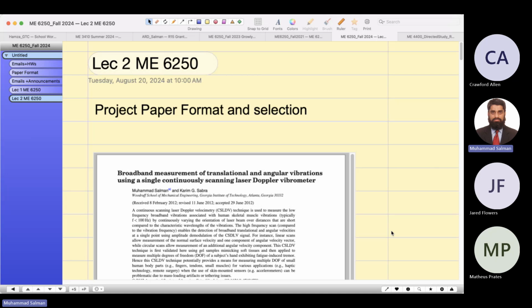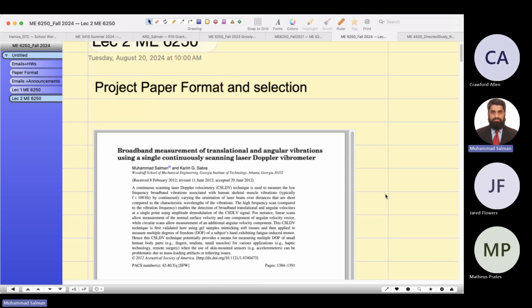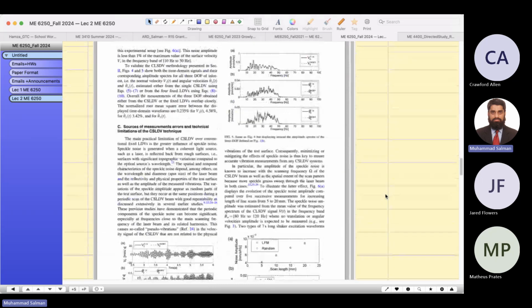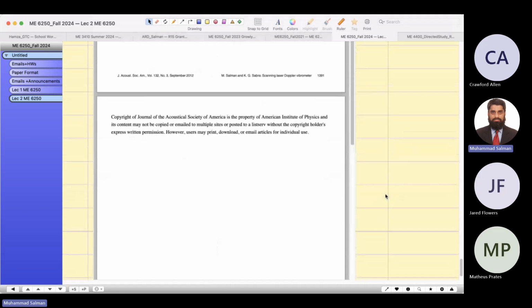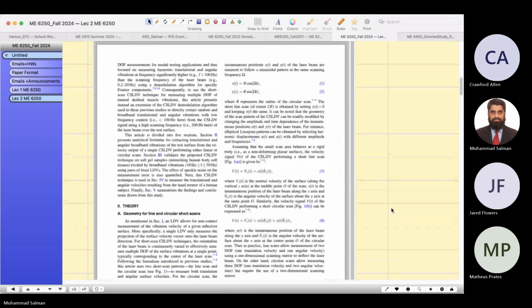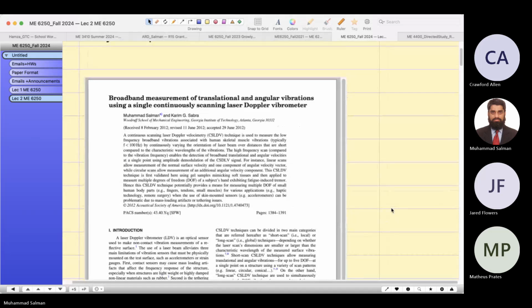Or the regional conferences: usually my directed study students presented at the Georgia Tech conference, which is not a highly sophisticated conference, so they can still publish papers there, or IEEE. Okay, any questions so far? You guys are good?